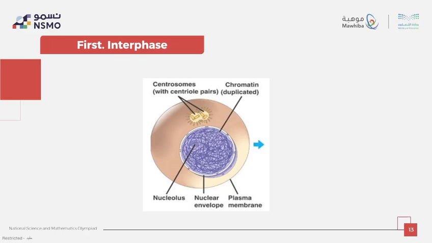If we see the chromatin like this, guys, that means the cell is getting ready to divide. And also we see the centromeres here, and that means the cell is preparing for the spindle fibers later. So if we see this, we know we are in interphase.